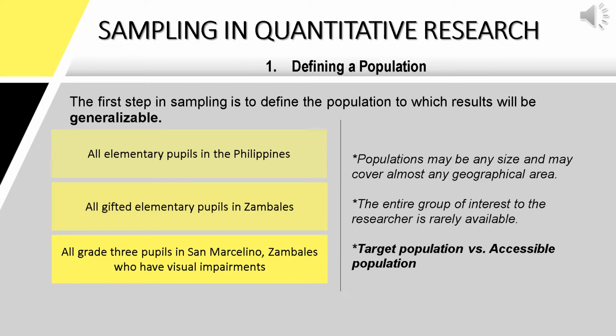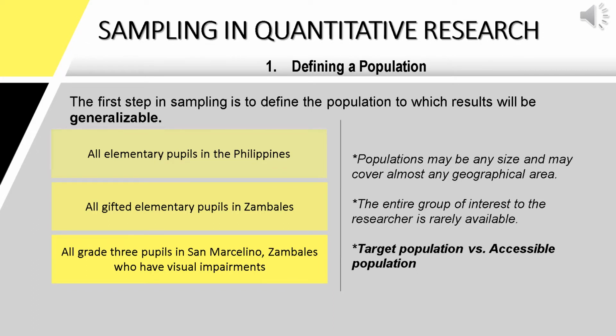So as you could see, the population is all the subjects in that specific local. Ayun tinatawag natin population. So populations may vary, may be any size and may cover almost any geographical area. So the entire group of interest to the researcher is rarely available.